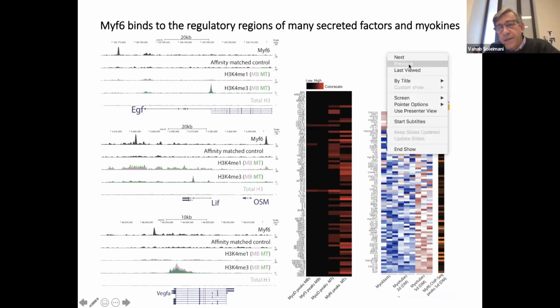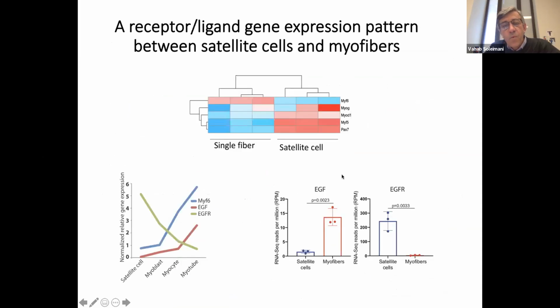I want to make this story short because it's published, like I said. Here, for example, is a heat map that shows the expression of those myogenic factors between satellite cells and single myofibers. When I say single myofiber, this is actually one EDL muscle fiber.